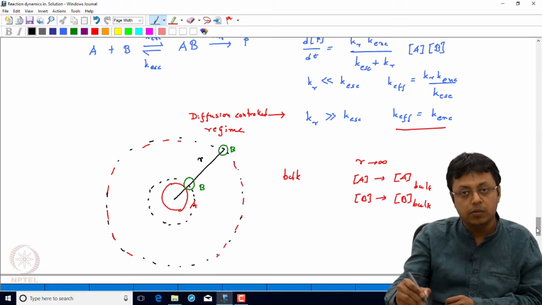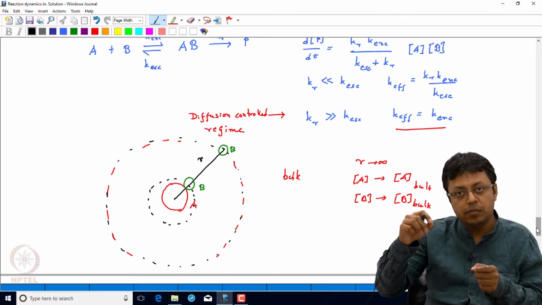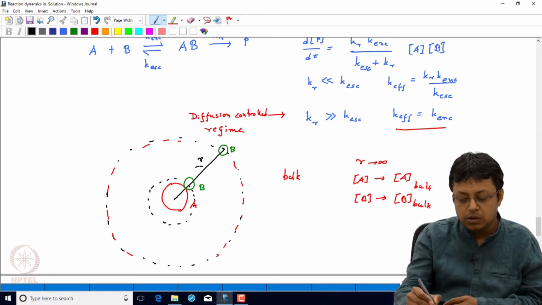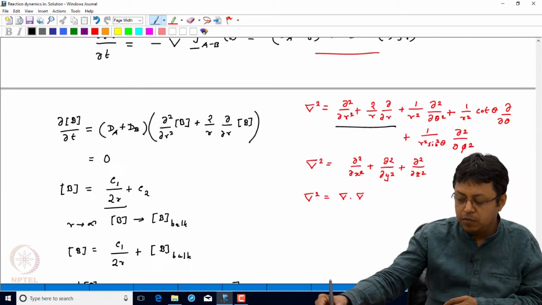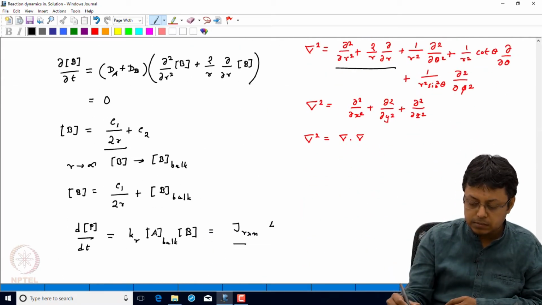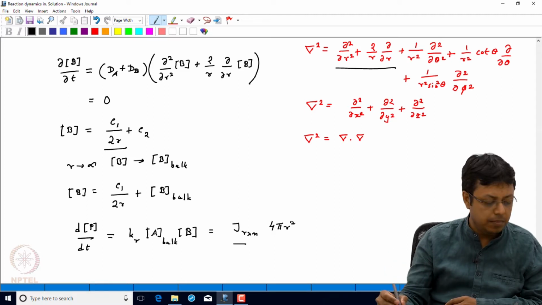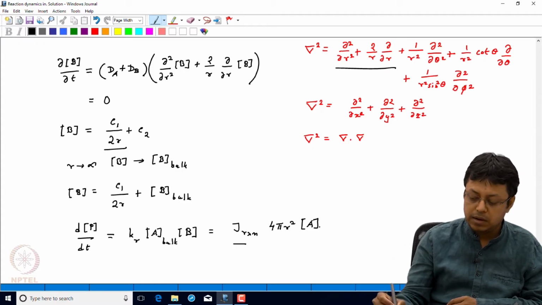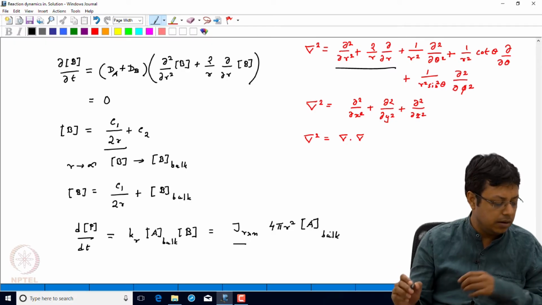Currently the reactive volume, or the reactive zone, is a sphere with a smaller radius, so the overall area will be 4 pi a square. This is the number of how many B molecules are coming that we are calculating, so it is multiplied by 4 pi a square times the A bulk. A bulk we are not touching.